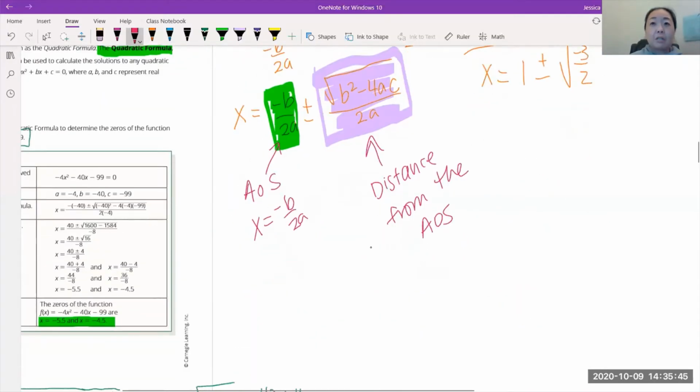So literally this is what we're doing. If I were to draw you a picture, this is what it would look like. I'm just making up a problem. Let's say our AOS is right here.